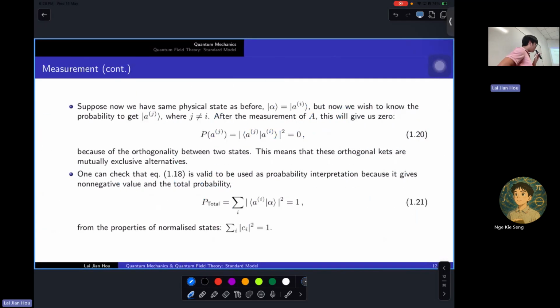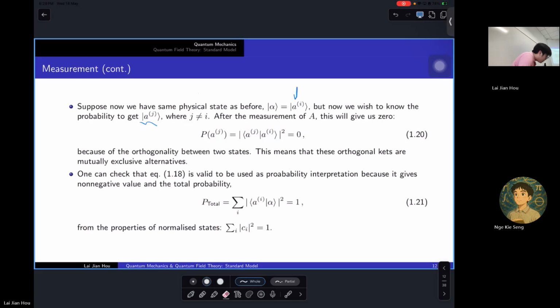Suppose now that we have a physical state which is in one of the eigenkets. Now we wish to know the probability of measuring the physical state in another eigenket, let's say the eigenstate A_j, where j is not equal to i.